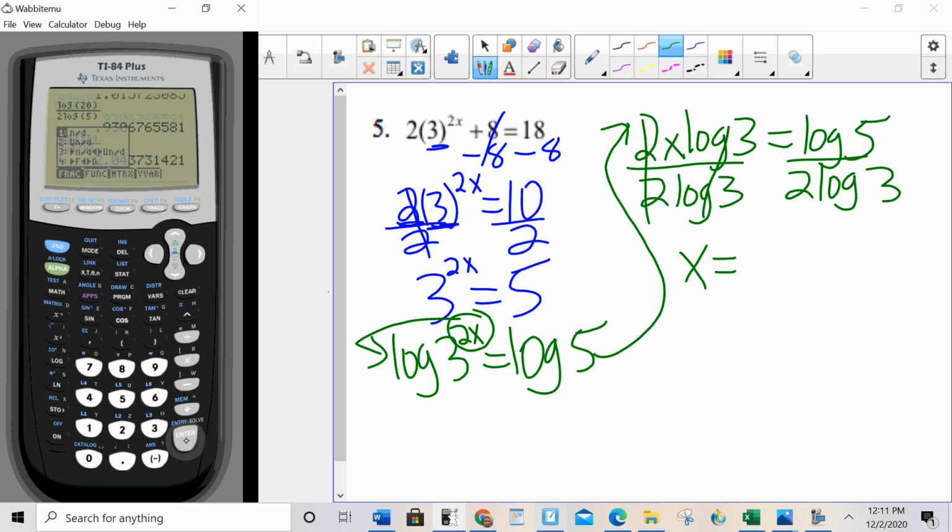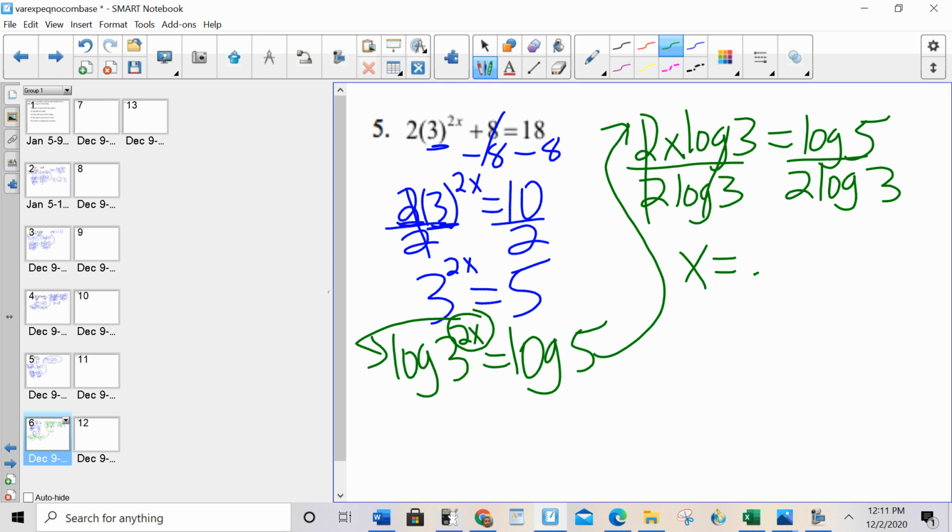Alpha y equals enter, log 5 over 2 log 3. And I get 0.7.